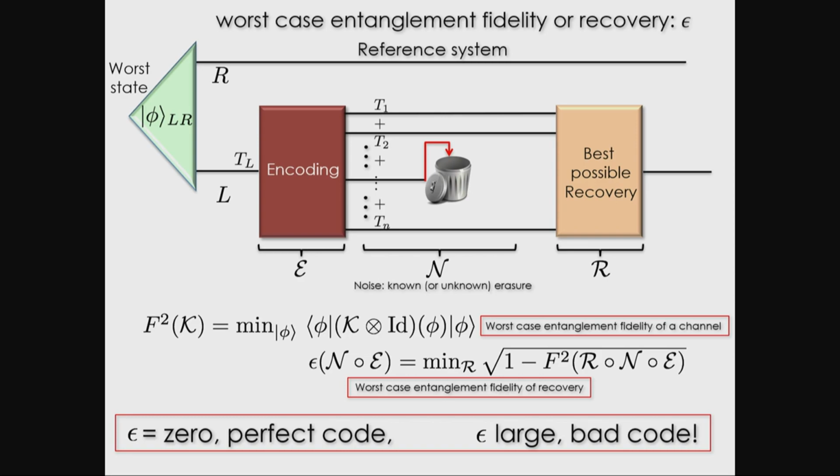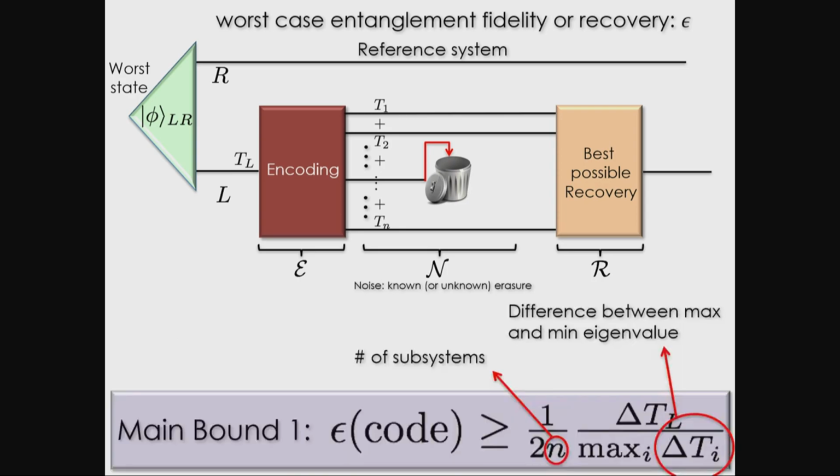And now I'm going to tell you the first bound that we have. It tells you that epsilon is lower bounded by 1 over n, which is the number of subsystems, times delta T_L divided by delta T_i. And this delta means the difference between the maximum eigenvalue and the minimum eigenvalue. It's basically the size of the operator, the infinity norm.